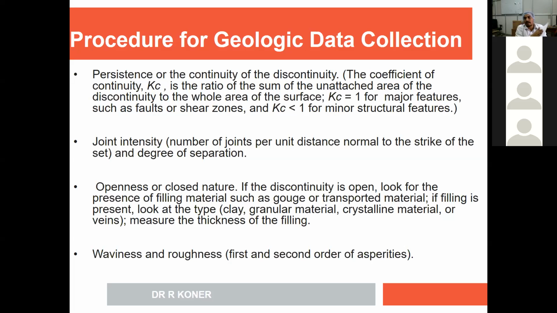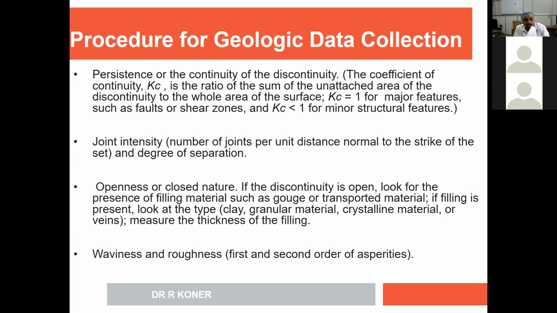You have to determine the coefficient of continuity of the joint. There are different methods that I will discuss. Then joint intensity: the number of joints of a set observed per unit distance normal to the strike of the set. And degree of separation of the particular joint set.